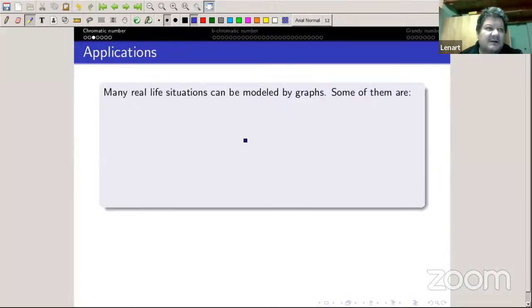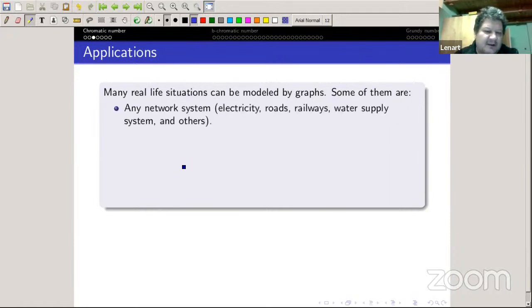Why is this model very successful? Because with a graph one can model so many different real-life situations. Let me mention some of them. Any network system can be modeled by it, like electricity, road, railways, water supply systems. Very important is the internet, of course, which can be modeled by a graph.